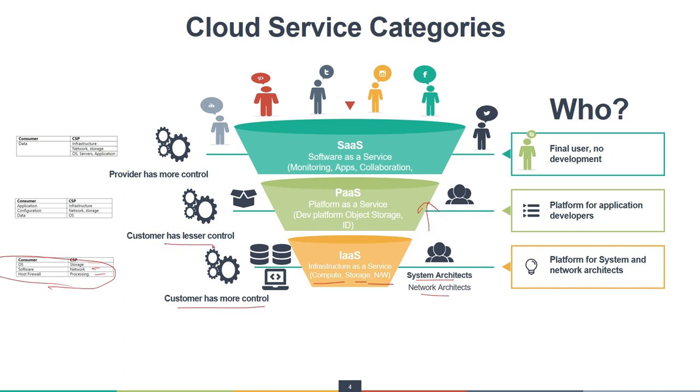The customer has less control on PaaS, while in terms of responsibilities, the customer is responsible for application configuration and the data. The cloud service provider is responsible for infrastructure, network, storage, and operating systems. So that is the overall responsibility in PaaS.